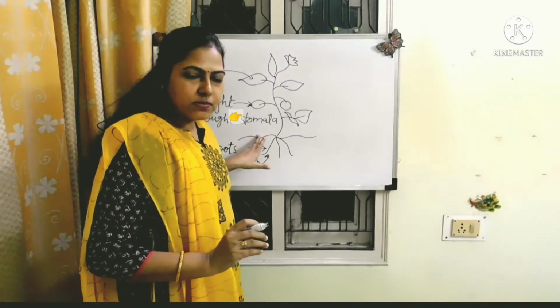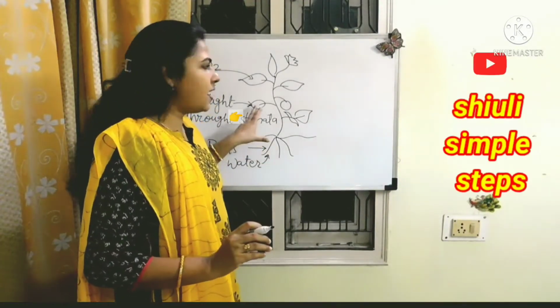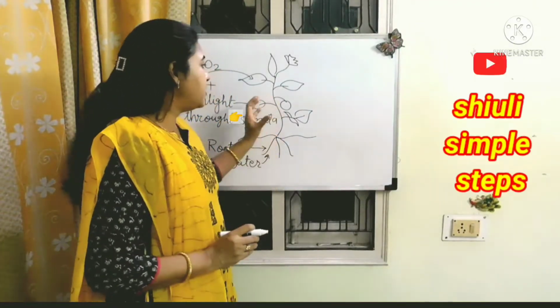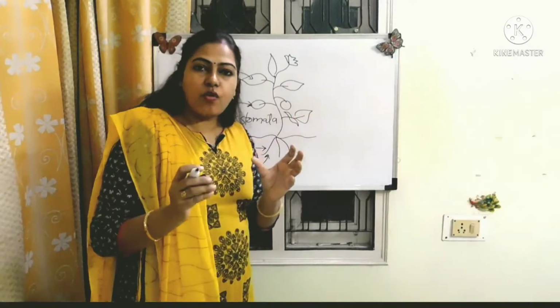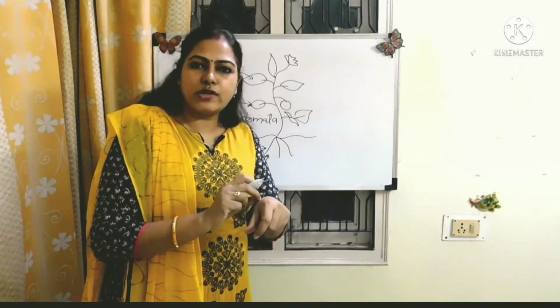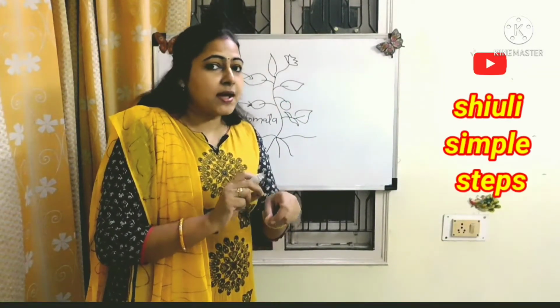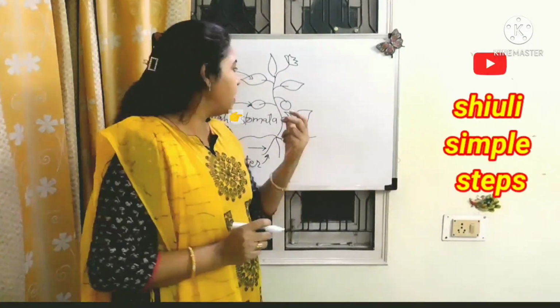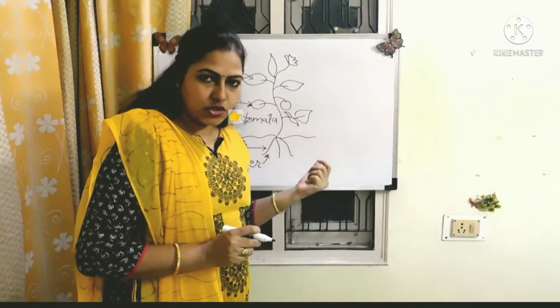Did you know about stomata? Stomata are the small pores present in the leaves, okay, which can absorb. They are holes, like we have pores in our skin. In the same way, plants also have pores known as stomata.